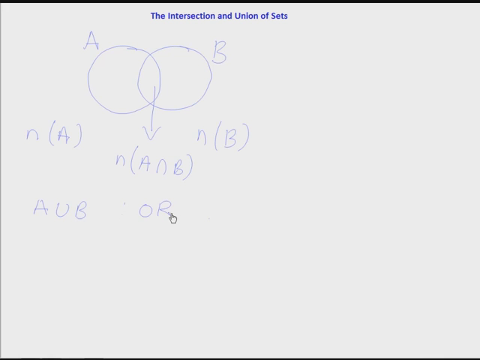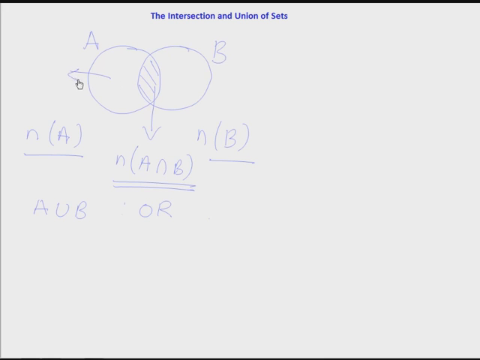We want to get a formula that will relate the number of elements in the union to the number in set A, set B, and the intersection. This formula is simple enough. The number of elements in the intersection is N(A intersection B), and the number of elements in A totally is N(A).